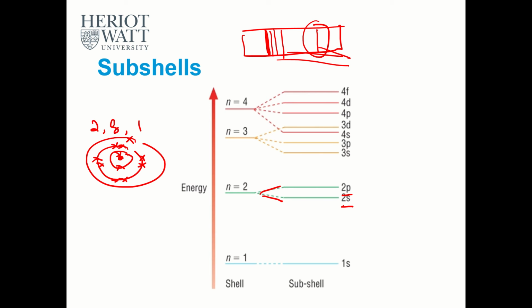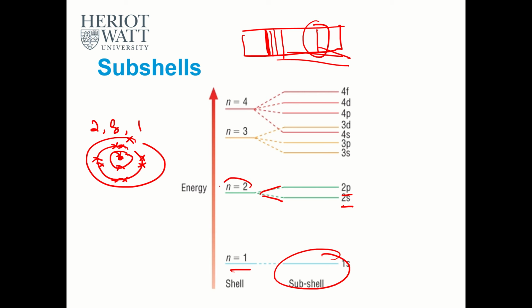And last time some of you used to ask this: how come in the first shell I can only put in 2 electrons, but in the second shell I can put in 8, 4 times higher, and then the third shell, in fact you can reach up to 18 electrons. How is that possible? But last time we learned that yes, this is the capacity. First shell you can only put in 2, second shell you can only put in 8 electrons. Alright, but now we actually learn that the first shell can put in 2 electrons because the first shell can only give you 1 subshell.